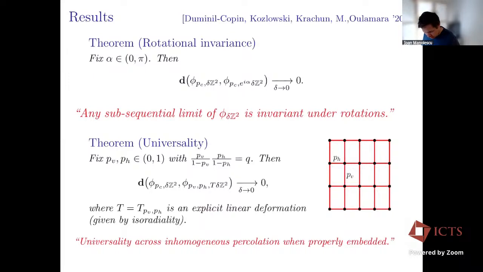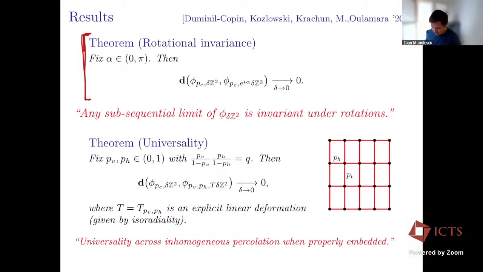This is the rotation invariance theorem: if you take the critical model on a very small fine meshed lattice here, and you take any rotation of this same model, you have a distance between these two, and it converges to zero as delta tends to zero. This doesn't tell you that there exists a scaling limit, but it tells you that if there exists a scaling limit, then it is invariant under rotations.